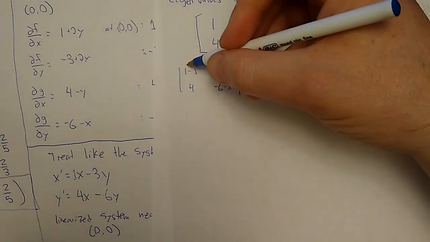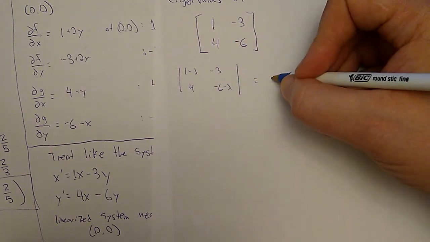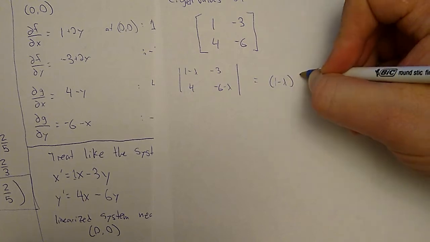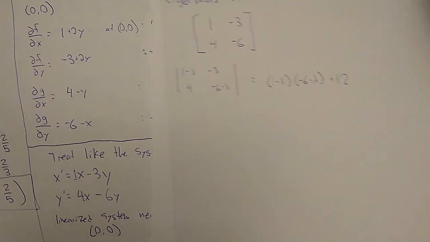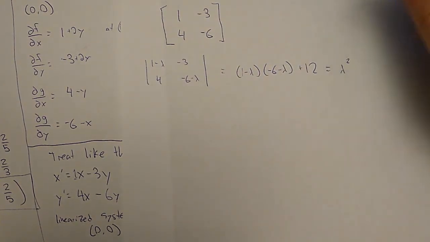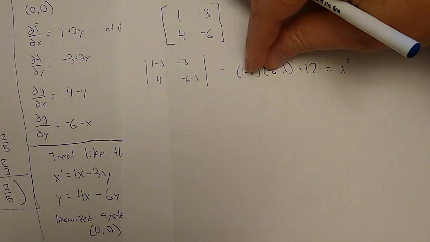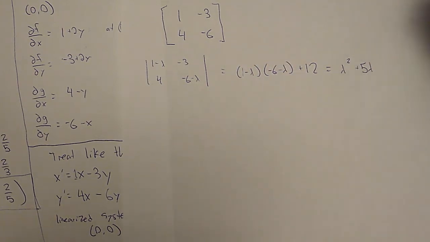I multiply these: 1 minus lambda times negative 6 minus lambda, plus 12. This would give me lambda squared. I've got a plus 6 lambda and a minus lambda, so plus 5 lambda.